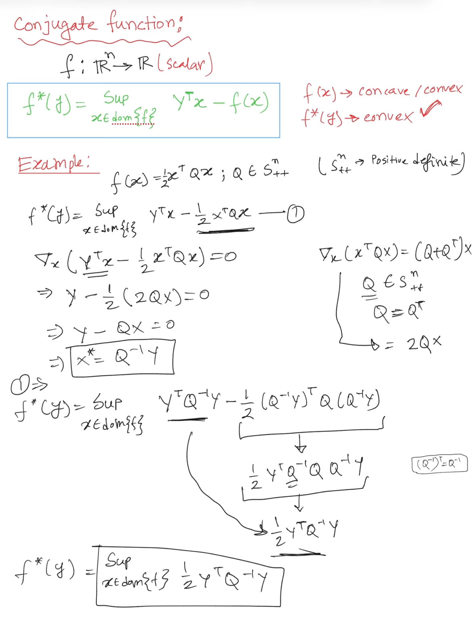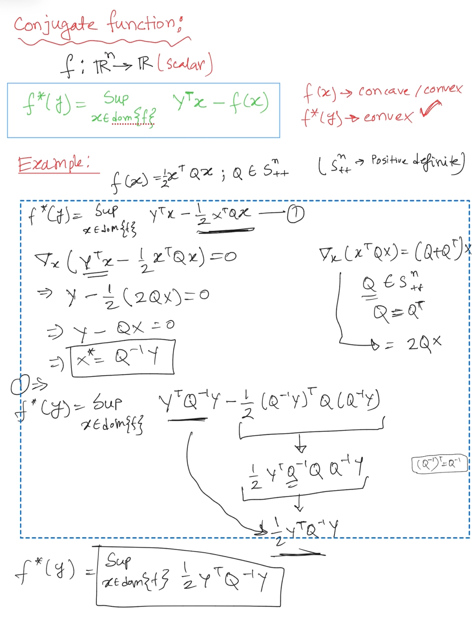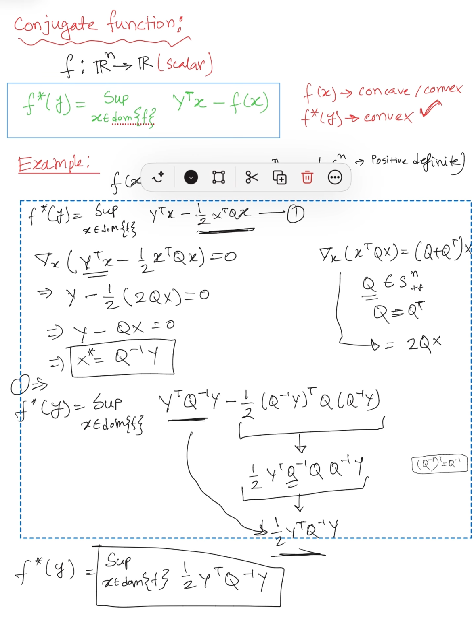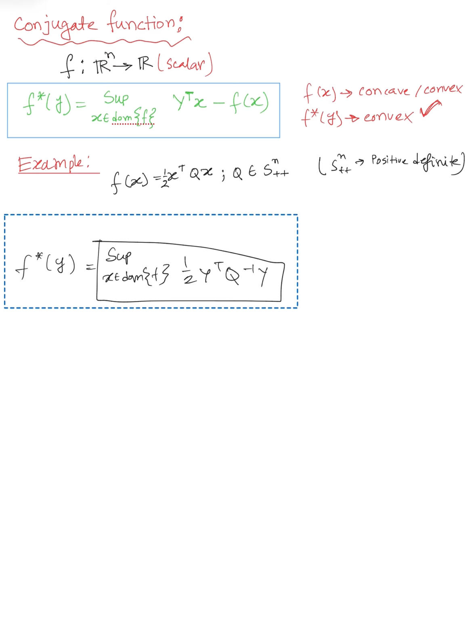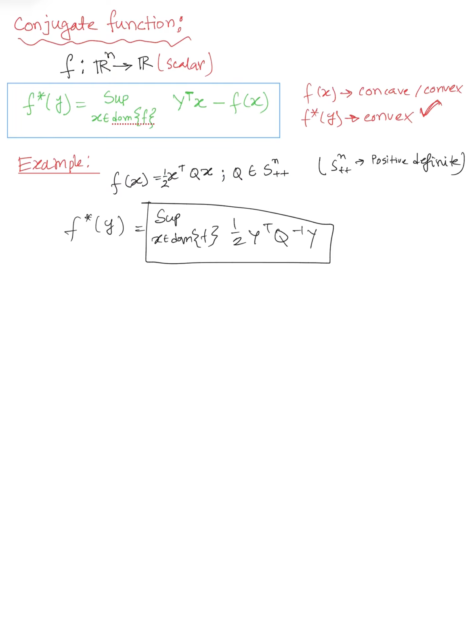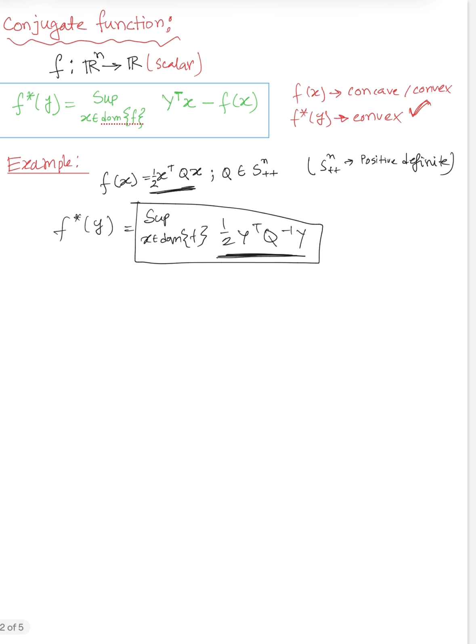Now here is a really interesting thing from this example. If we put this back here, we can see these things side by side. If f(x) is this, the conjugate function is this. So what does it mean?